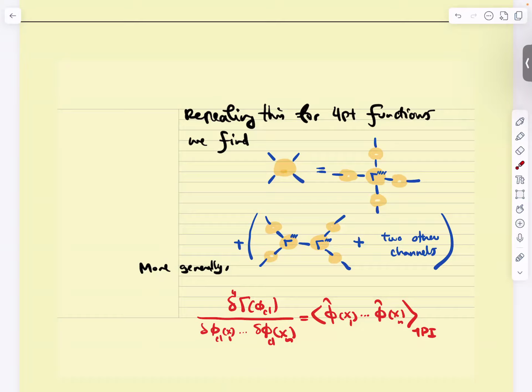H bar going to 0 limit of this, you get the saddle point approximation, or if there's an I here, they call it what? Stationary phase approximation, which means that this path integral is well approximated to the zeroth order, is equal to what? Extremum of this, which is just the action, right?